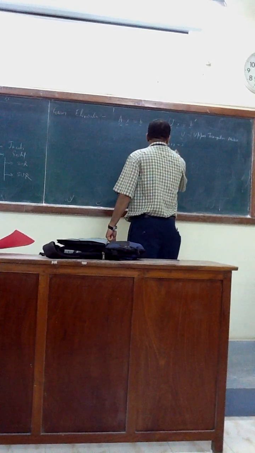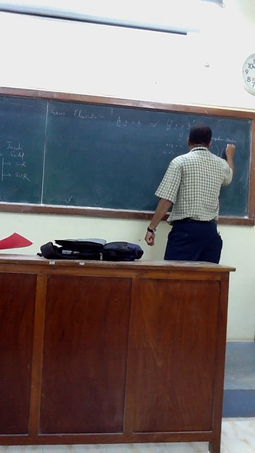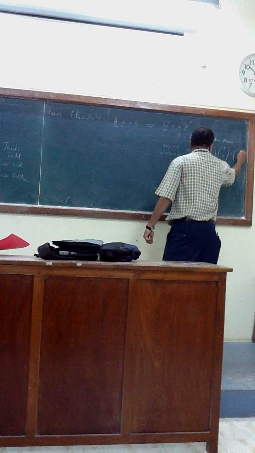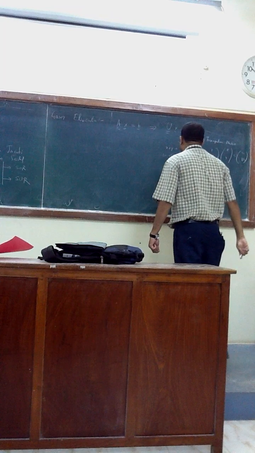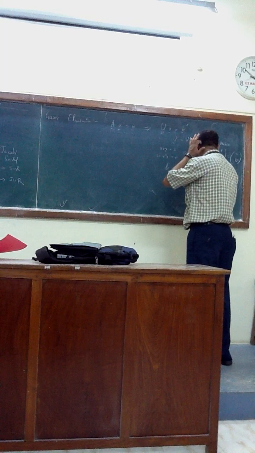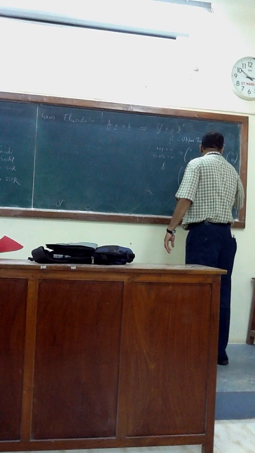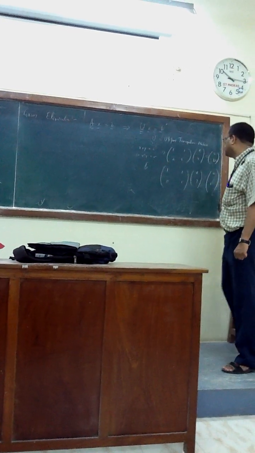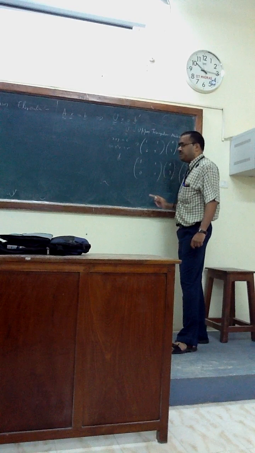If you look at x plus y equals 2, 2x plus 3y equals 5, what is the system? 1, 1, 2, 3, times x, y, equals 2, 5. After doing the transformation, what did we get? We got 1, 1, 0, 1, times x, y, equals 2, 1. So we had the original equation, and we got another equation, y equals 1.